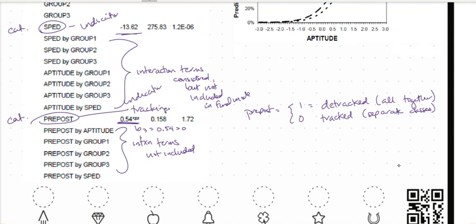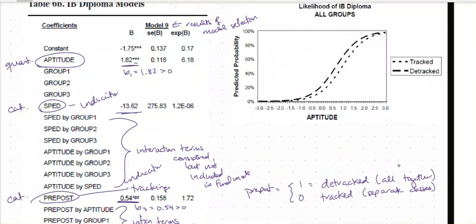constant. So coming over to the plot, that helps us understand what that means. So a positive association, so that means relative to being tracked, students who are detracked have a higher estimated probability of success, right? So this is comparing groups. All right, so we can see that.